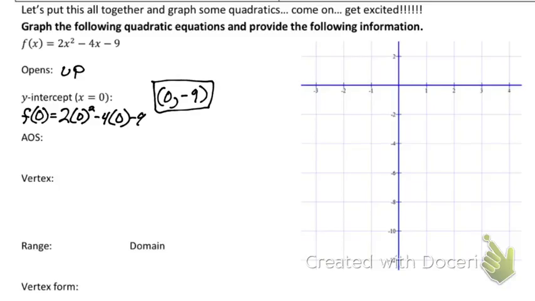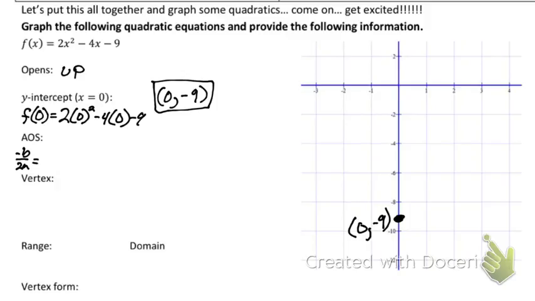Now we can go ahead and plot that. 0, negative 9 is right here. That's 1 point. Now let's go ahead and find our axis of symmetry. The only way you can find your axis of symmetry is if you know negative b over 2a. All right, so we're going to do negative b over 2a.